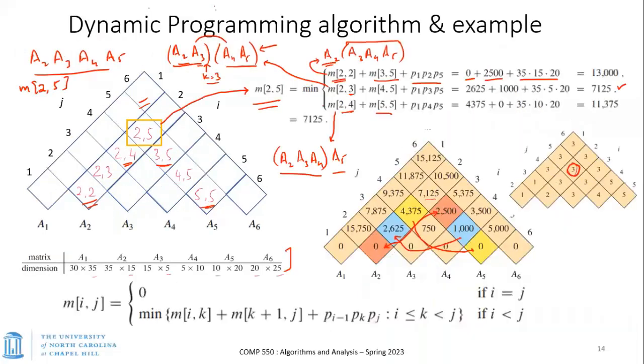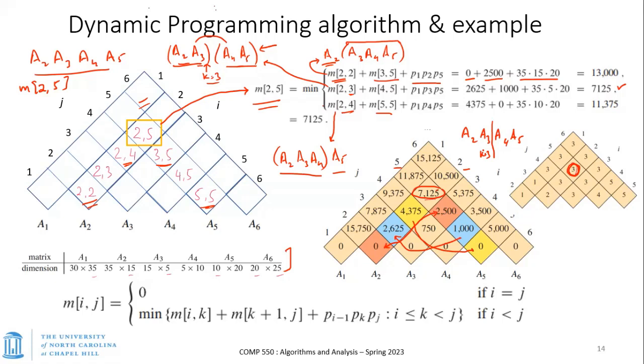Next, at this juncture, we selected the corresponding value in the S table, and we split the values from 2 till 5. So if you're trying to compute A2, A3, A4, A5, then we split it at this point where k is equal to 3.